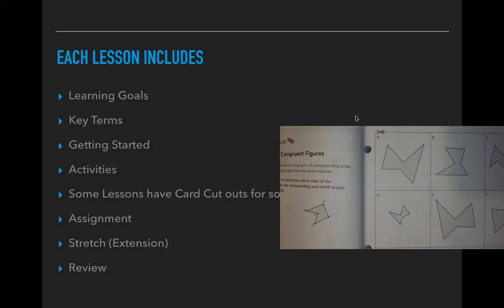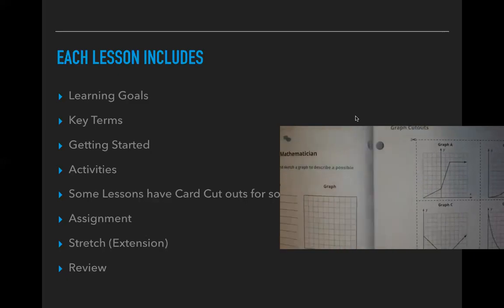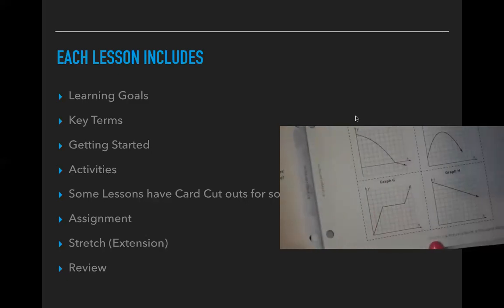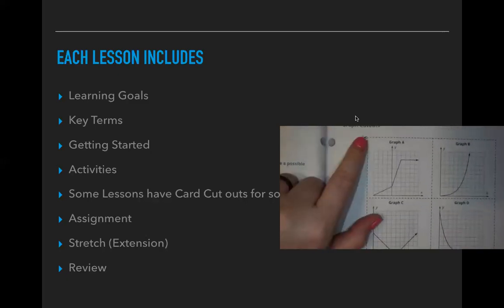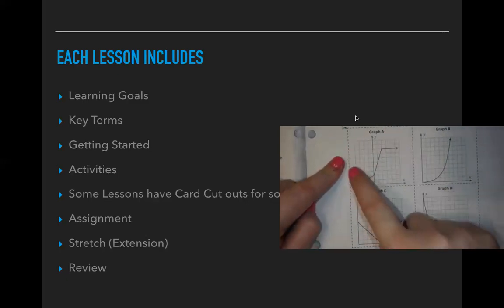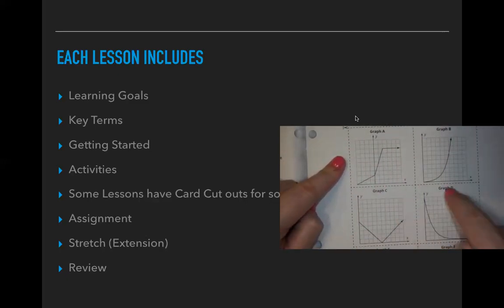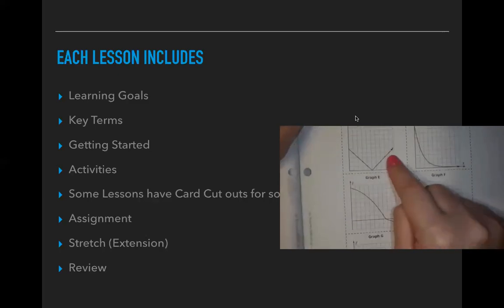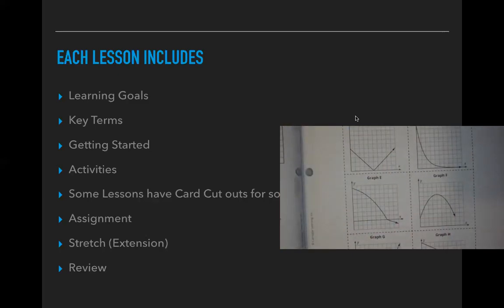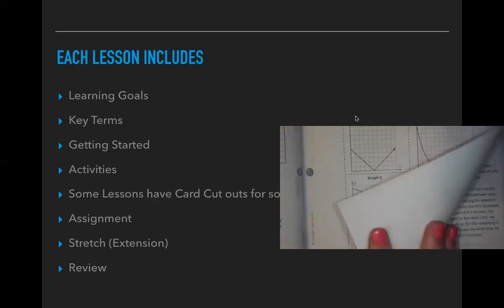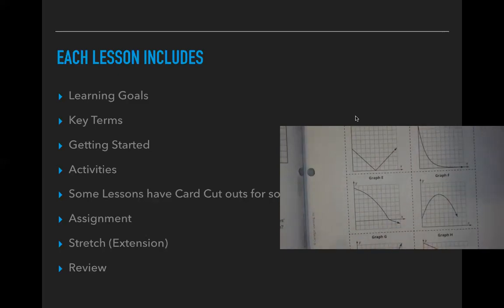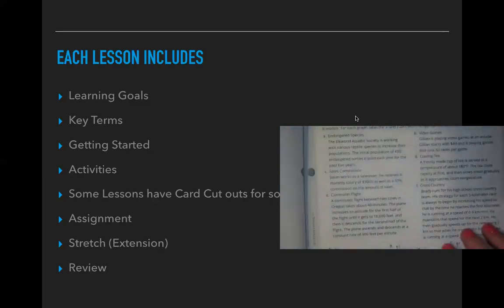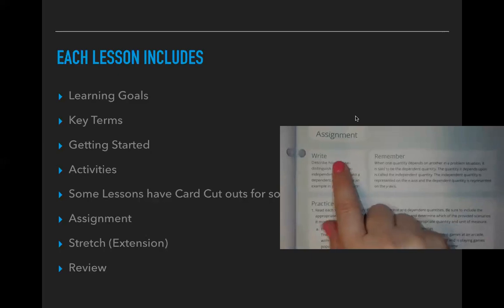Yes, so Algebra 1, this is our first lesson. Notice it says lesson 1 down here, and then it says graph cutouts. So we will be taking these and cutting them out as well, and then rearranging them. So that's what's nice about this book. It's all in one. After the cutouts, you will also have an assignments page.